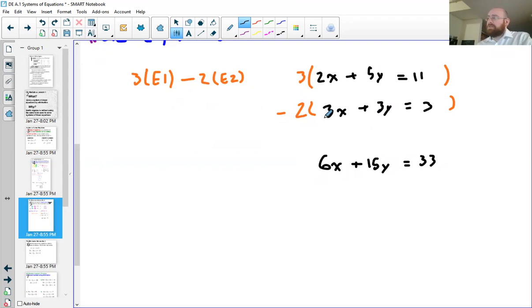Negative 2 times 3x is negative 6x. Negative 2 times 3y is negative 6y. Rather than writing plus negative 6y, I can just write minus 6y. And then again, negative 2 times 3 is negative 6. And I'm adding all of these terms, so I can put that plus sign out here.